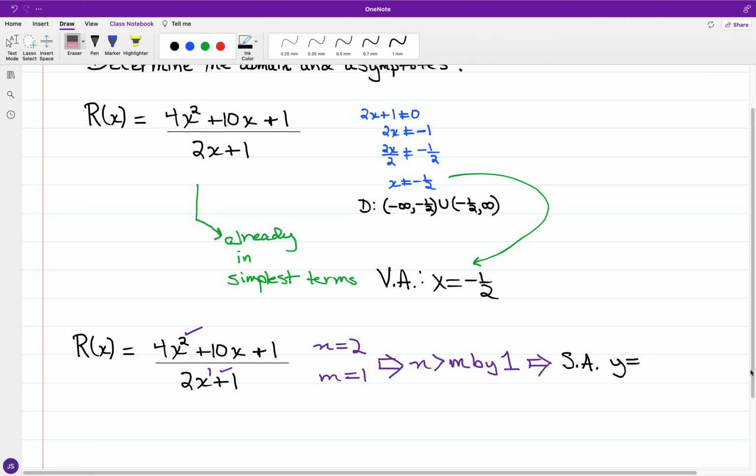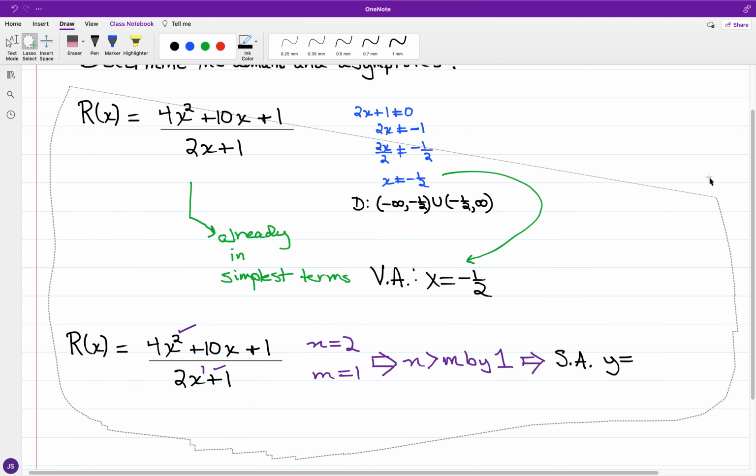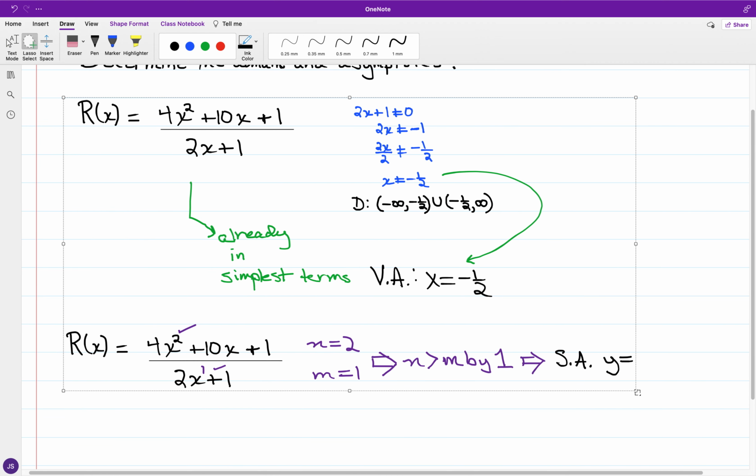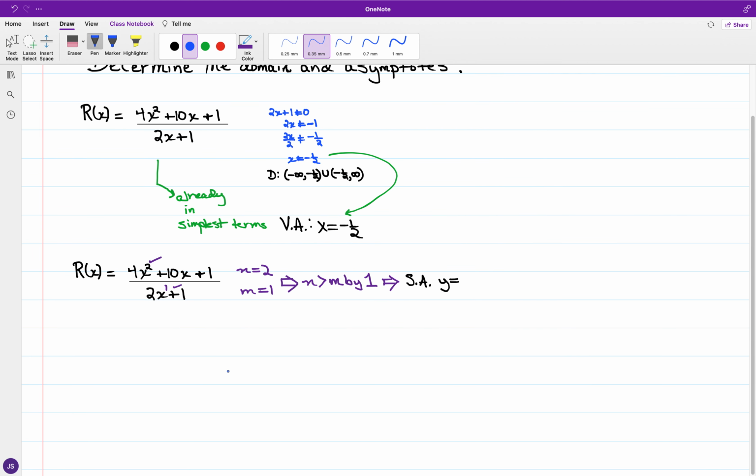So looking at the setup, we have 2x plus 1 taken into 4x squared plus 10x plus 1.